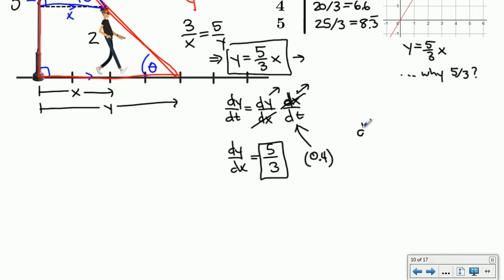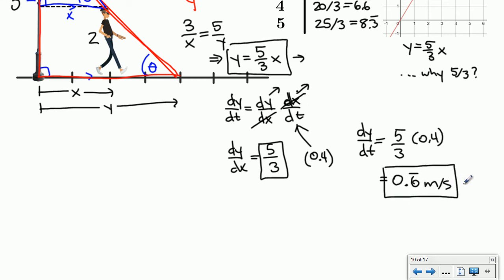So all we need to do to figure out what dy/dt is, is multiply 5/3 by 0.4. And when you multiply 5/3 by 0.4, you get 2/3, or 0.6 repeating meters per second. And that gives you the answer to part A. So that is the speed at which the shadow is receding from the lamppost.